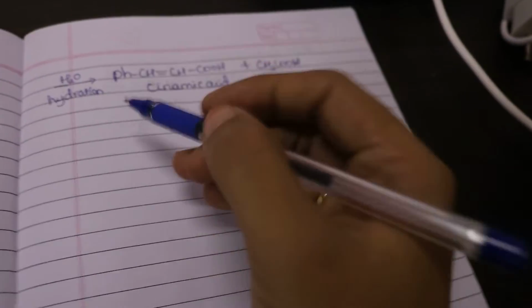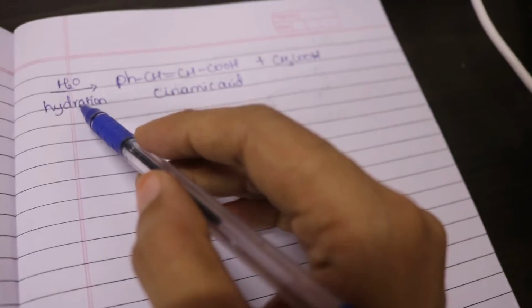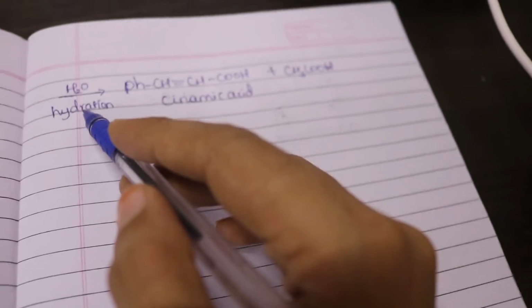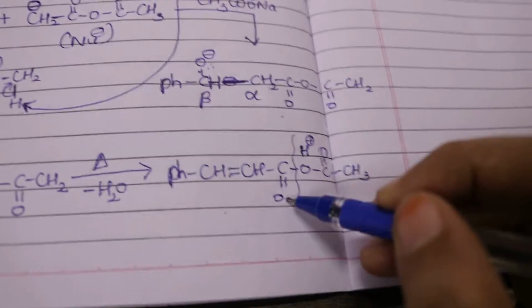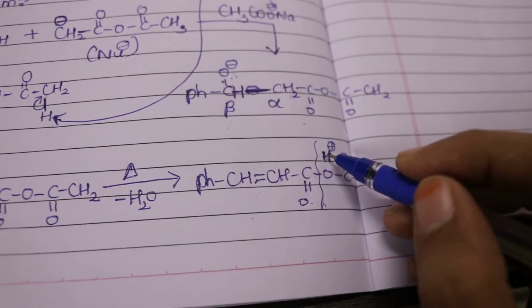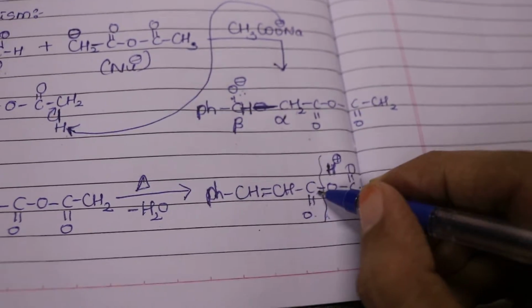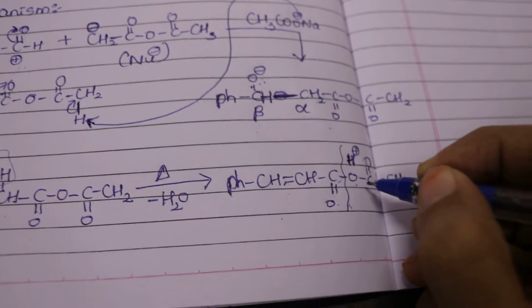The next step is hydration. When the hydration process takes place, that means the addition of water, the cleavage of the bond COO and CO takes place. Here it takes the hydrogen, and here it takes the oxygen.